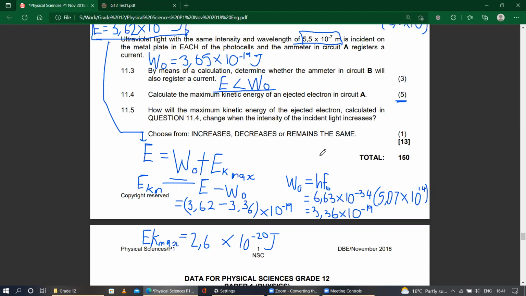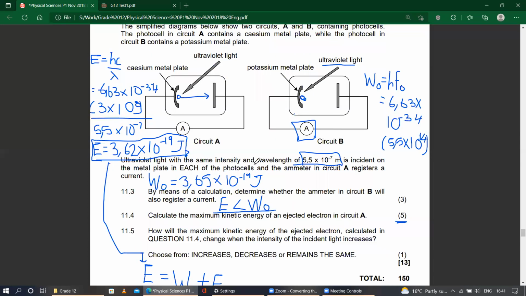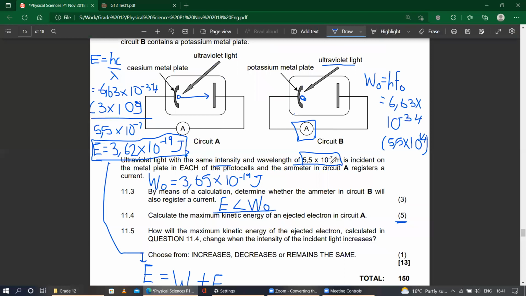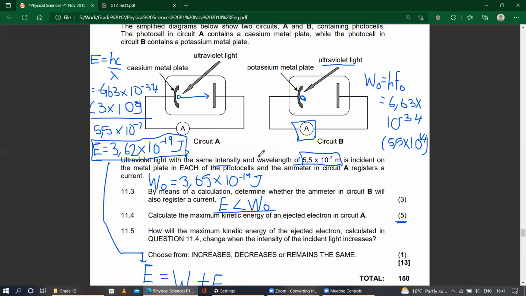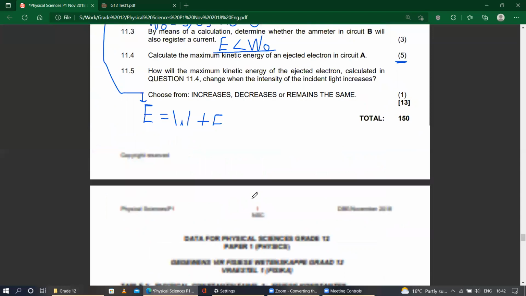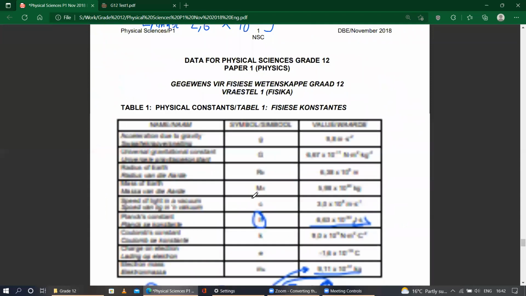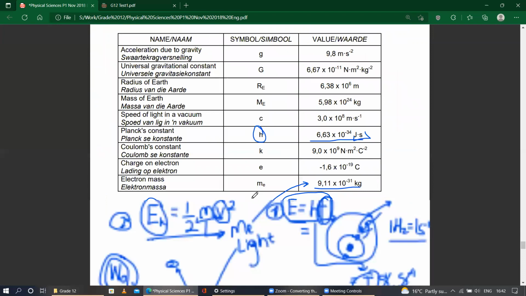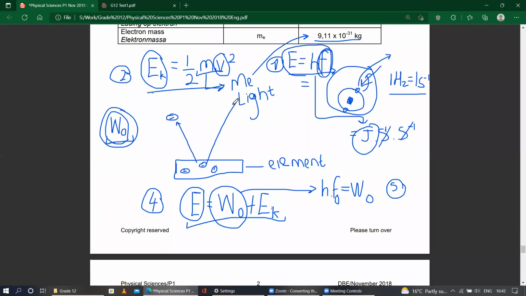because the intensity of the light is not going to cause any change in the wavelength. It's not going to cause a change in the frequency. It's just that now, instead of, let's say, let me just draw something here. Let's say this metal, right?